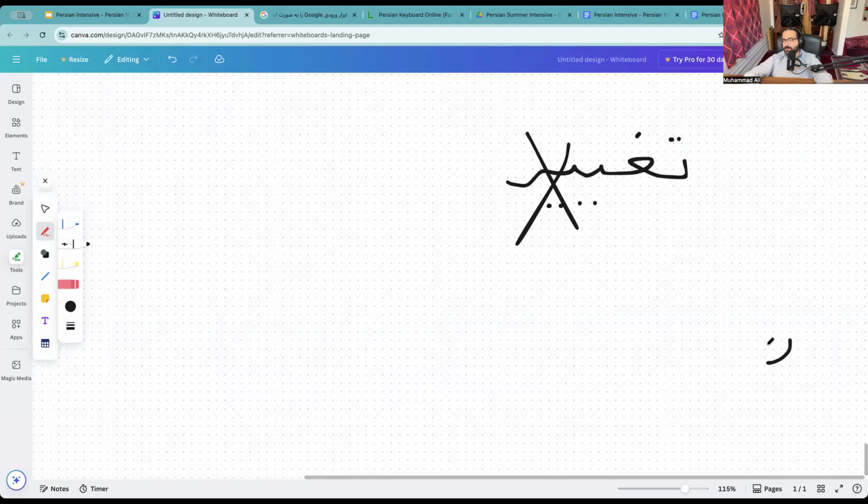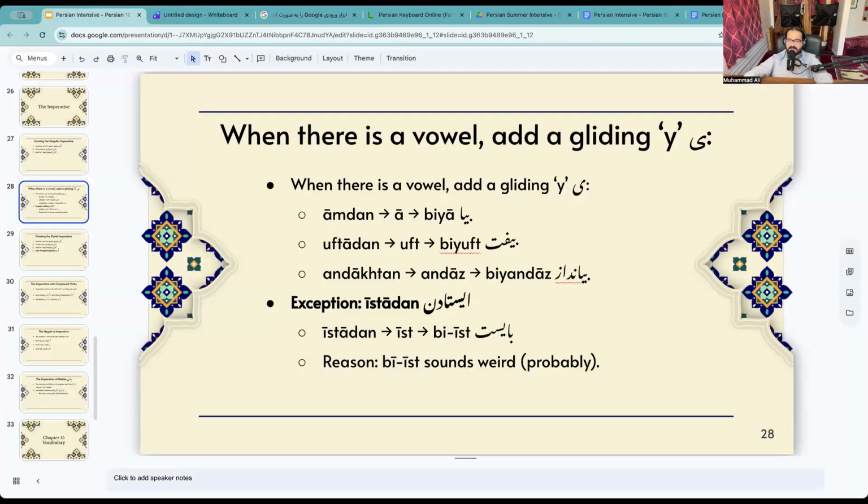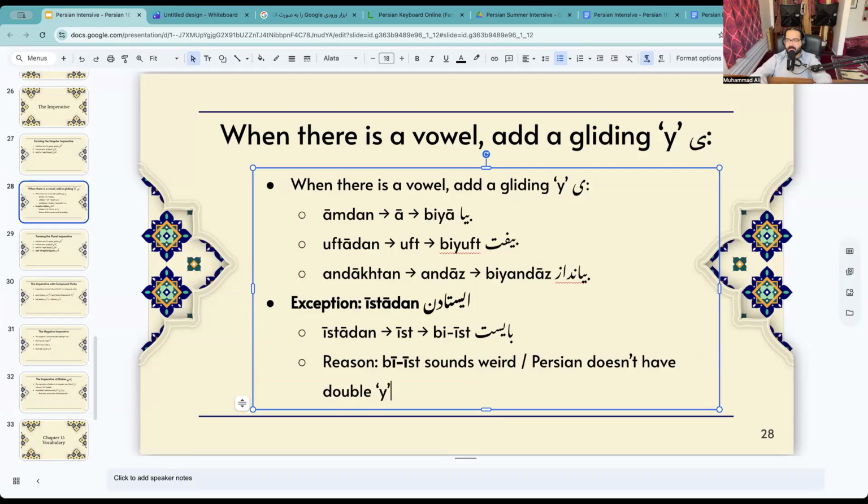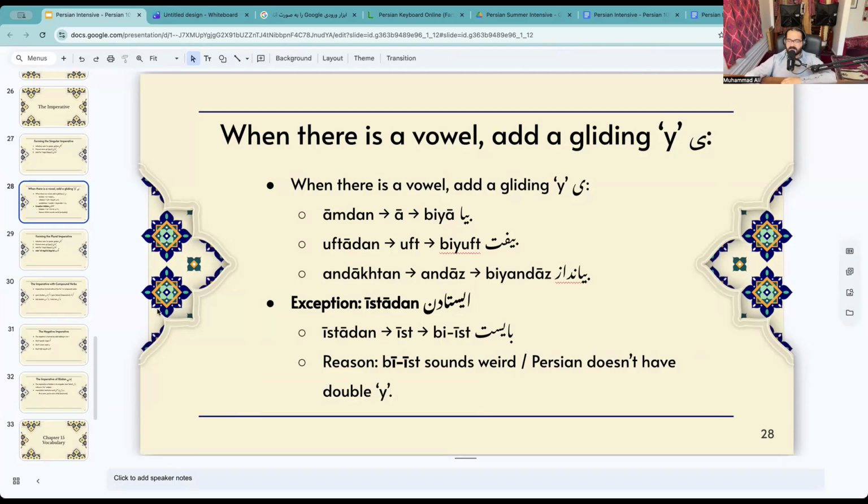Or for example, we said that in Arabic you could have rouhaniyyin or inqilabiyyin, and we don't have that in Persian because iyyin is hard to say for us. I think the same thing is true for beyest. It sounds weird, and Persian doesn't have a double Y. So that's the reason.